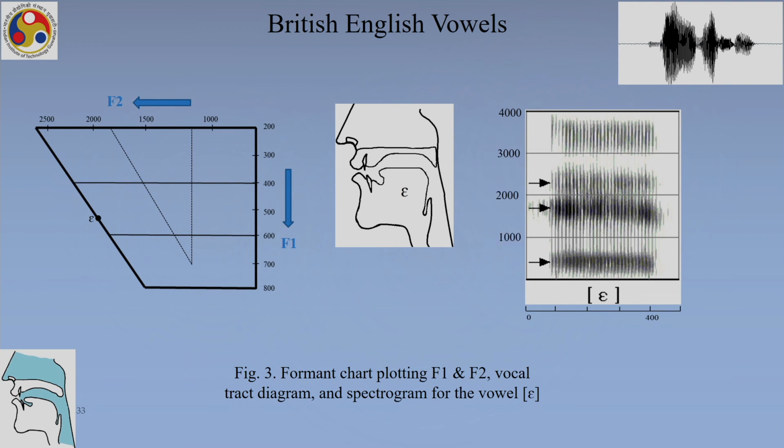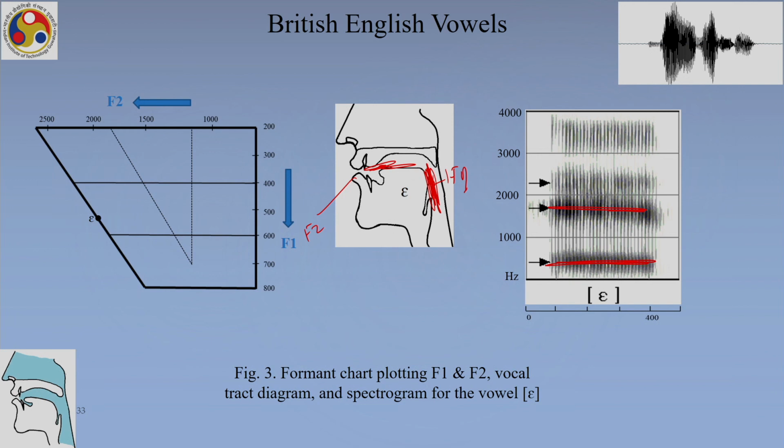Now let us take a vowel which is lower than E and I, for instance A. Remember, it is also a front vowel, but the only difference is that it is not as high as E and I; it is slightly lower. So what happens when we have a vowel like that? Again, remember the back cavity produces F1 and the front cavity produces F2.